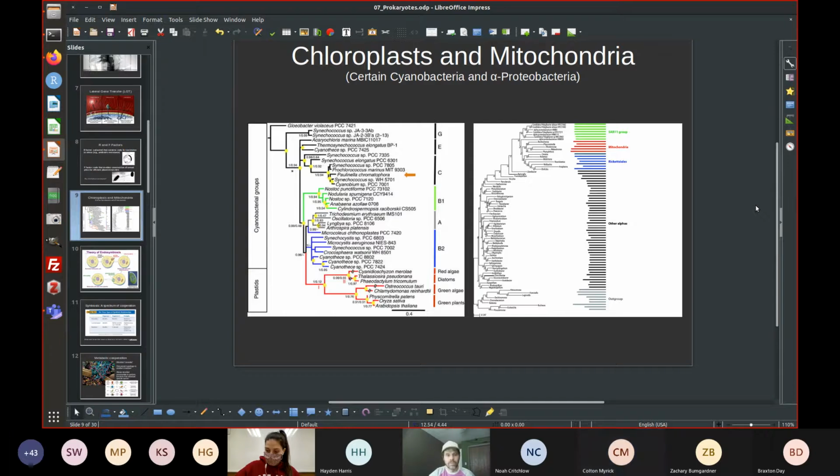So this is saying, if we're to believe it, that your mitochondria are actually alpha proteobacteria, and that a plant's chloroplasts are actually what? Cyanobacteria. Okay, so that's weird. We've got endosymbiosis.